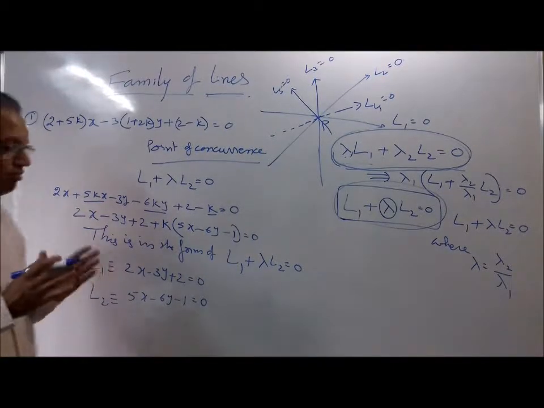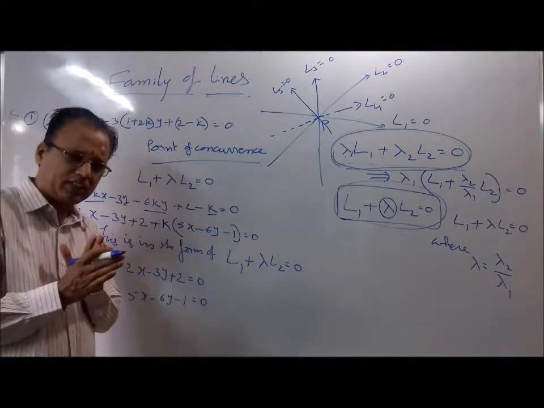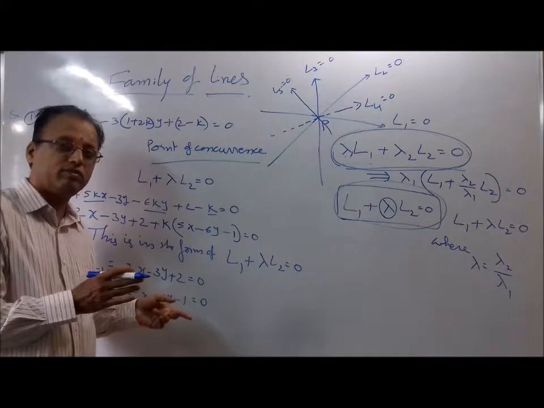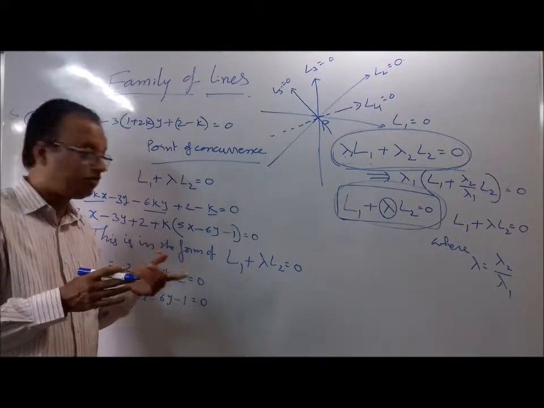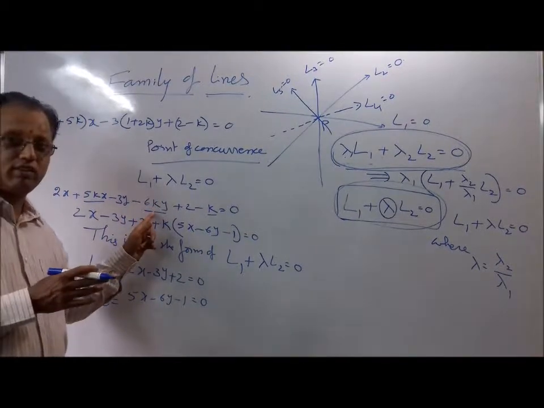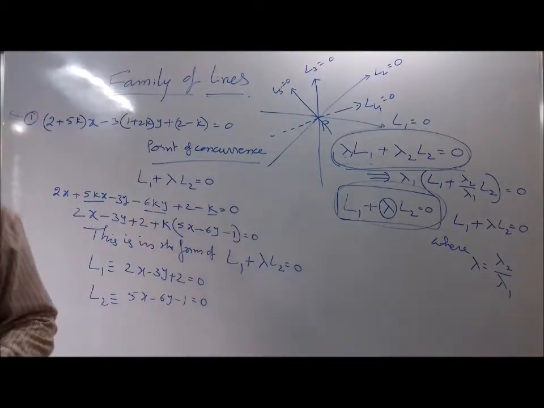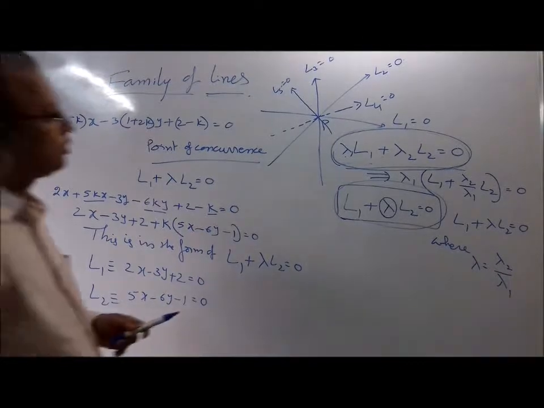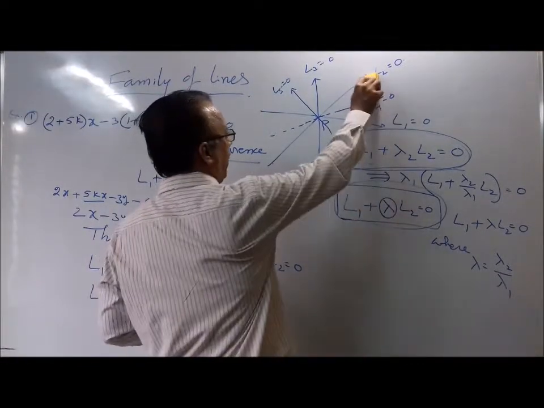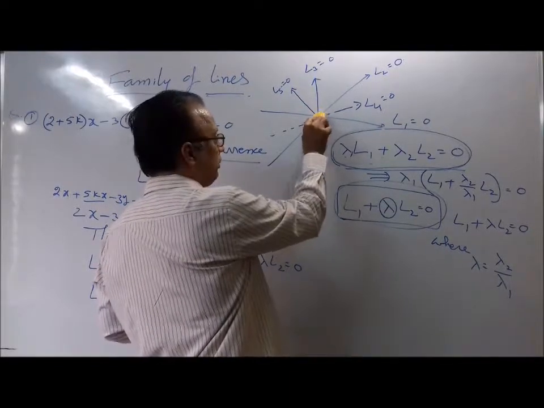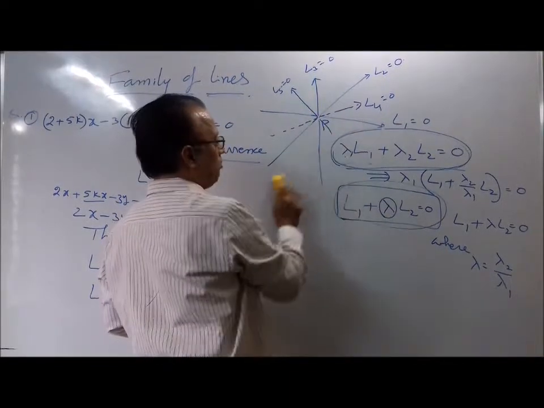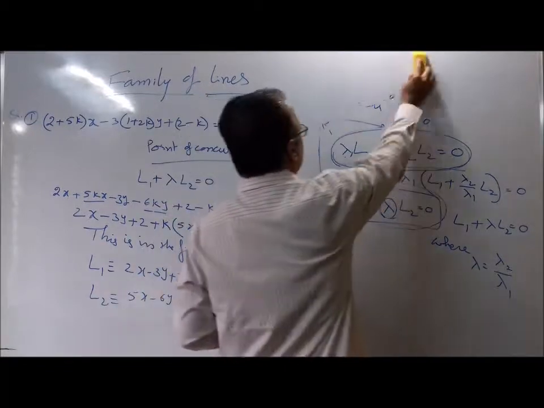I have to find the point of intersection of these two lines. That is nothing but the point of concurrence of this family of lines. So we solve L1 and L2 for the point of intersection, and that will be the point of concurrence for the family of lines. Let us see.